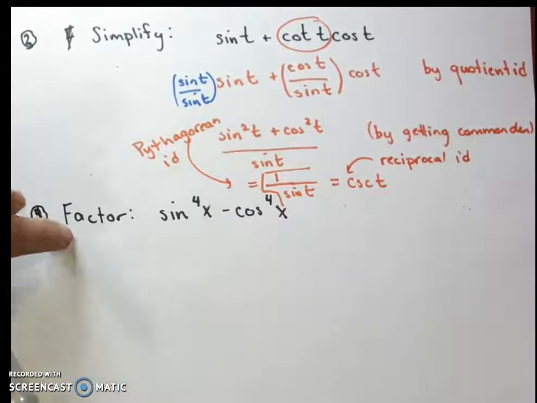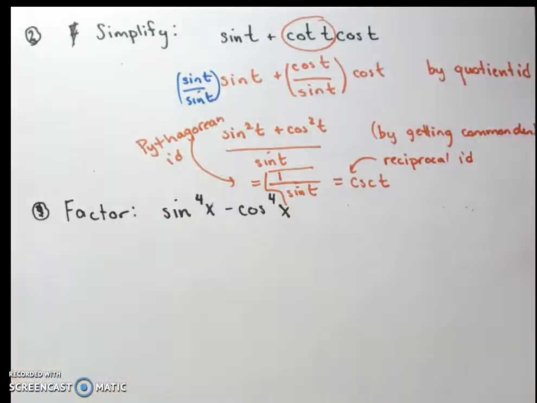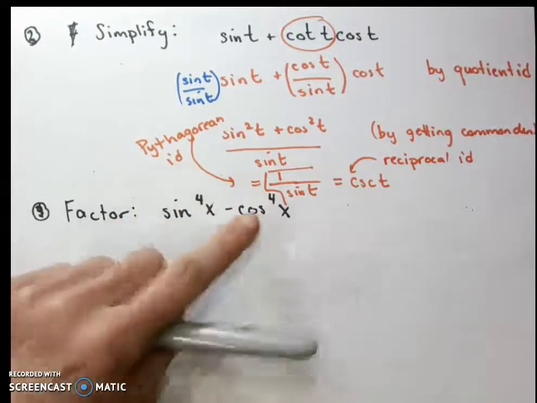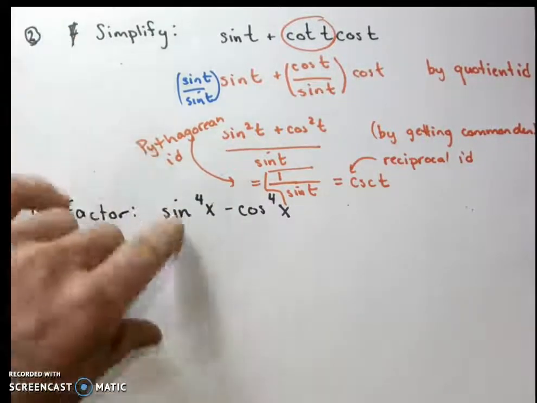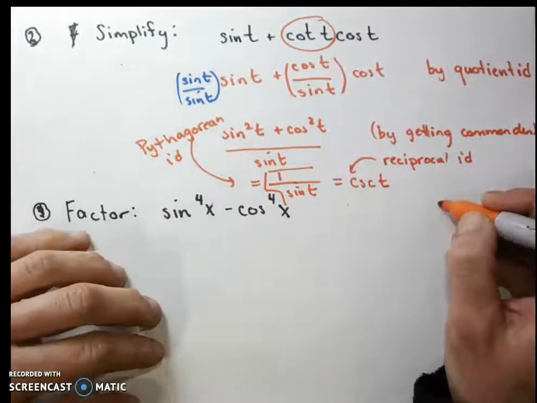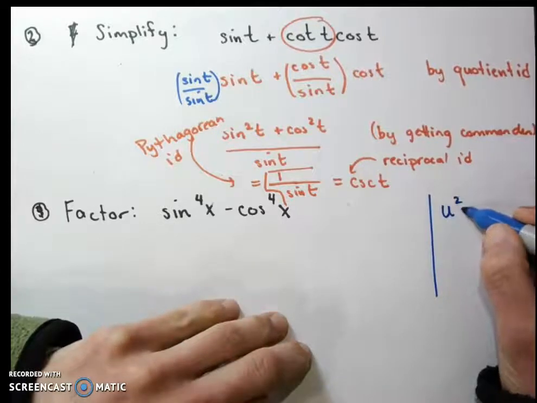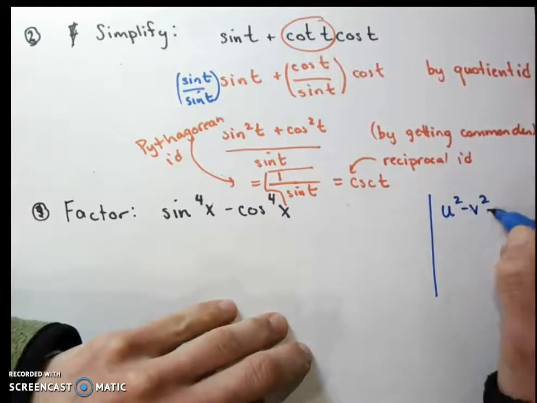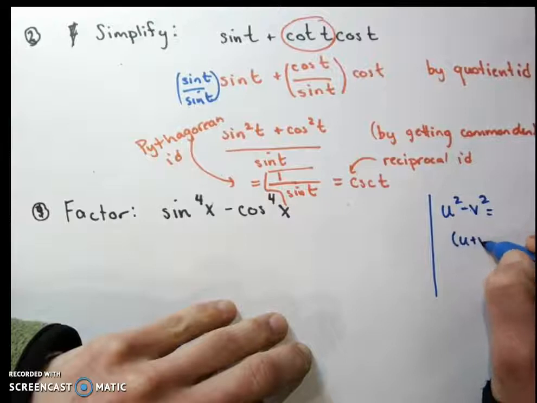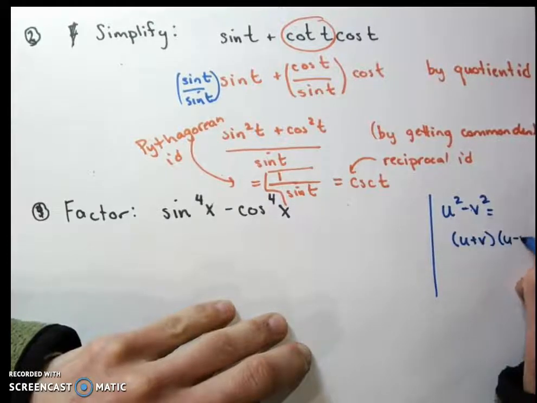In the next example, I'm asking you to factor this expression, sine to the fourth minus cosine to the fourth. So fourth powers are also perfect squares. This is a difference of squares. So remember, if I have u squared minus v squared, this factors as u plus v times u minus v.